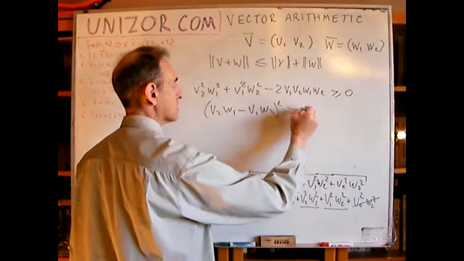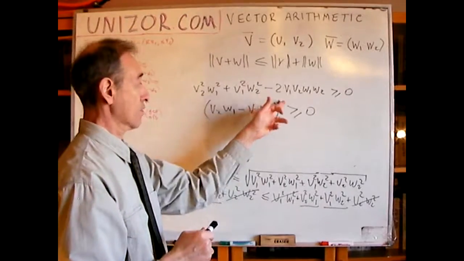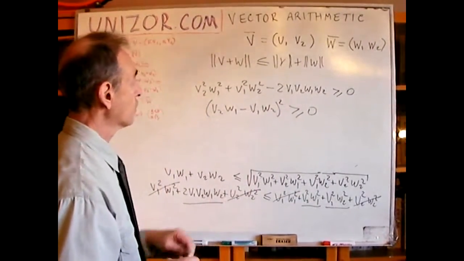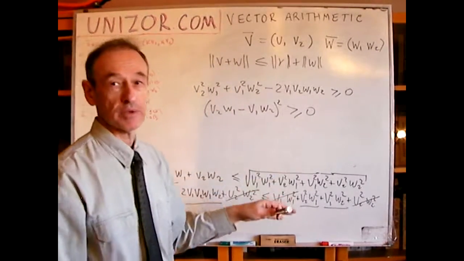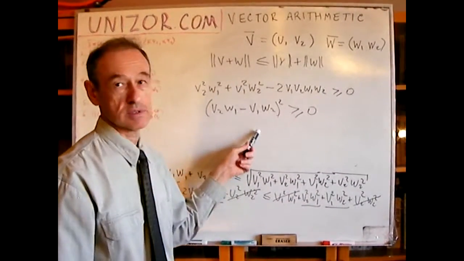And this is an obvious inequality, because this is a square, so it's greater than or equal to 0. So from something which I had to prove, by squaring a couple of times and reducing whatever is necessary, I came to an obvious thing.